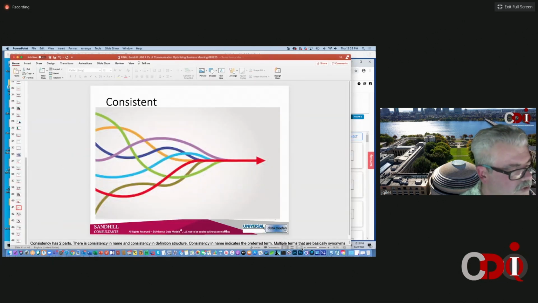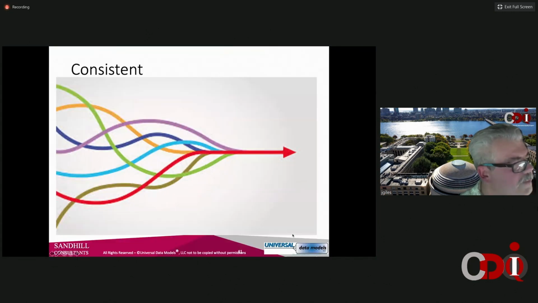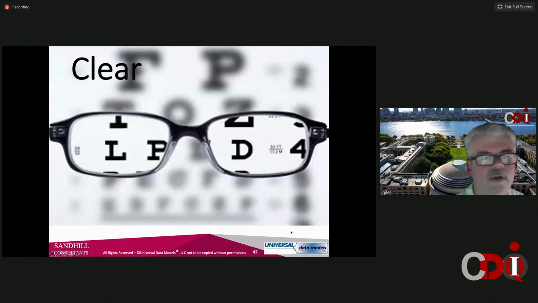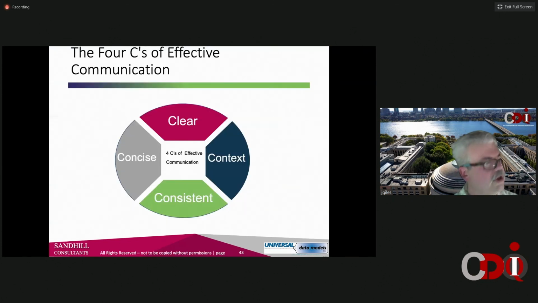So let me just run this down. Okay. Clear. So the idea about clarity is, how do we reach clarity? In order to reach clarity, it's really just the application of context first, consistency, which gets you to a certain amount of being concise.